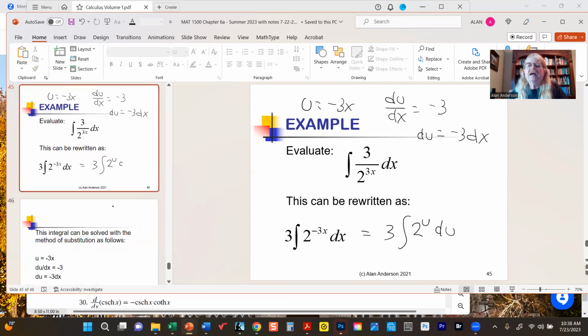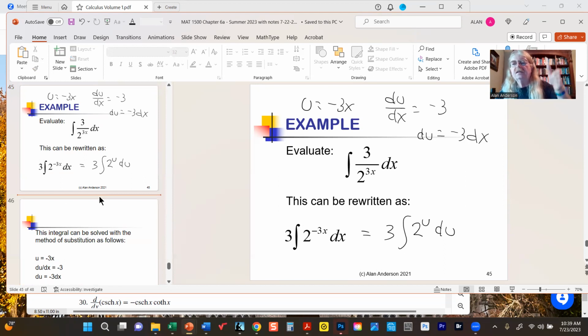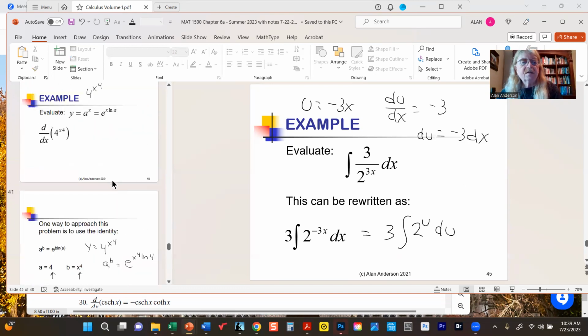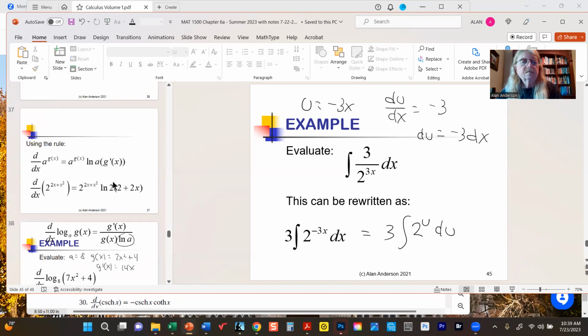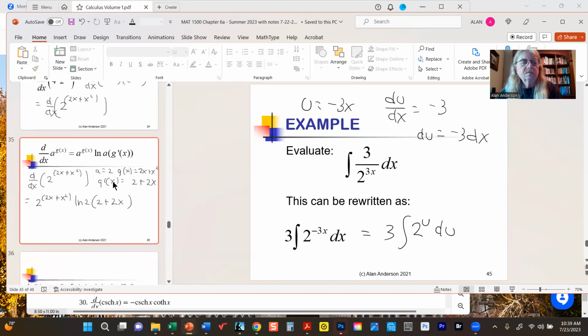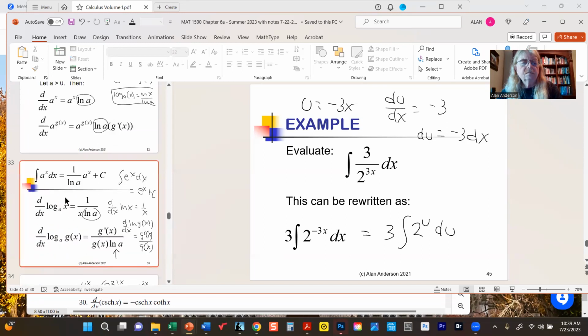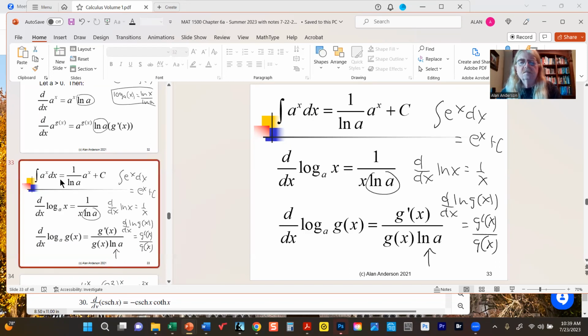Now, what do we do with that one? Okay, so what we're going to need is the rule for the integral of a to the x power, which means we need this.